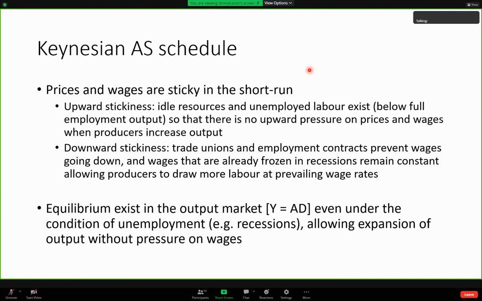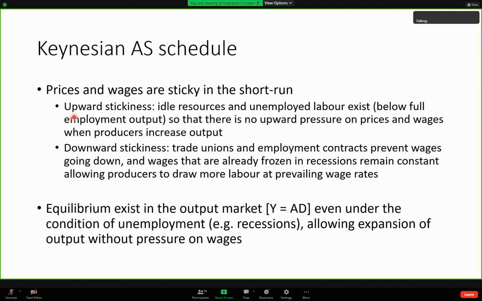The second one is there is equilibrium even when there is unemployment. So sticky means rigid. They cannot move upward or down. Prices and wages do not move upward or down.